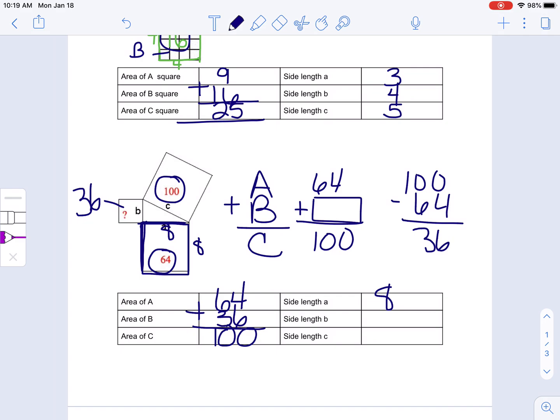Side length B, what number times itself is 36? It's 6. So we know this is 6. And if the area of square C is 100, then we know that its side length is going to be 10, because 10 times 10 is 100, or the square root of 100 is 10.